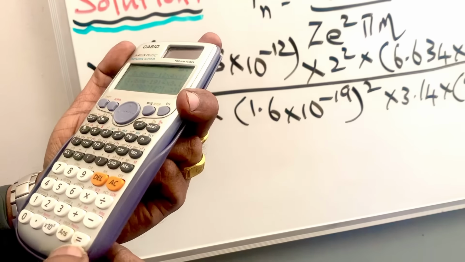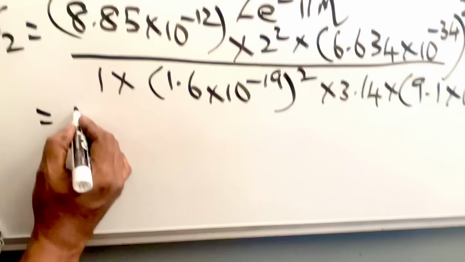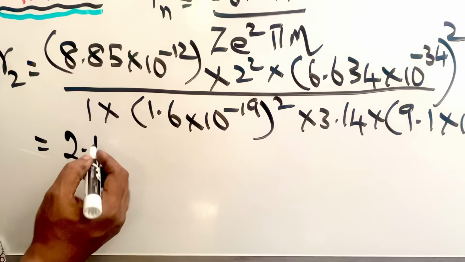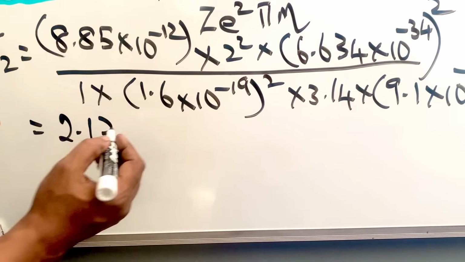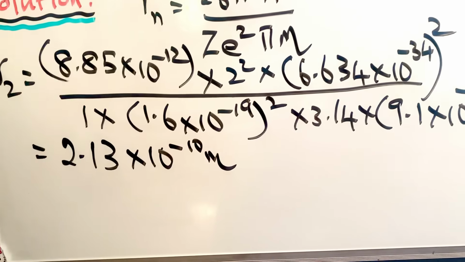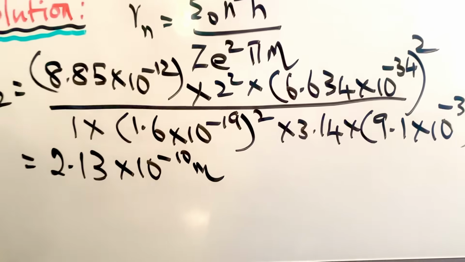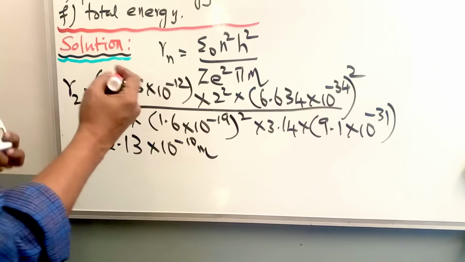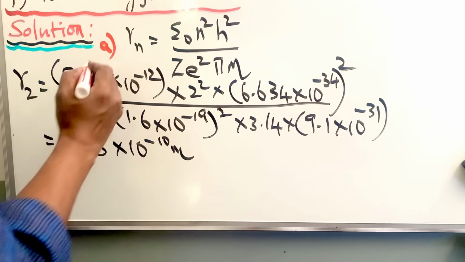This will be equal to 2.13 times 10 to the power negative 10 meters. So that is the answer for question A.